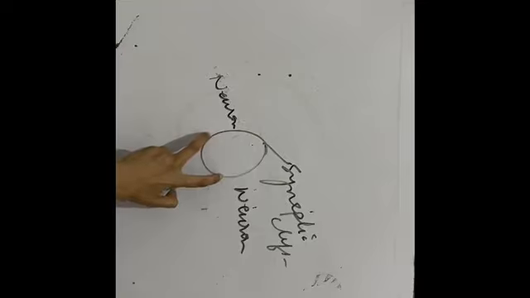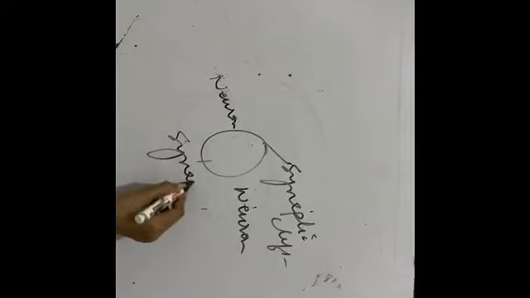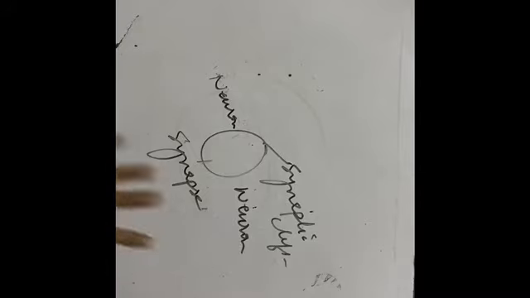They are connected. Message is being transferred from one neuron to another via some chemicals. So there is some kind of connection between them, and that connection is known as synapse.